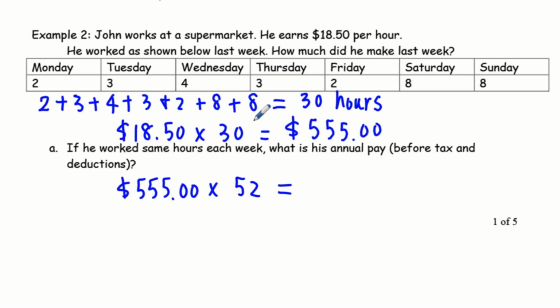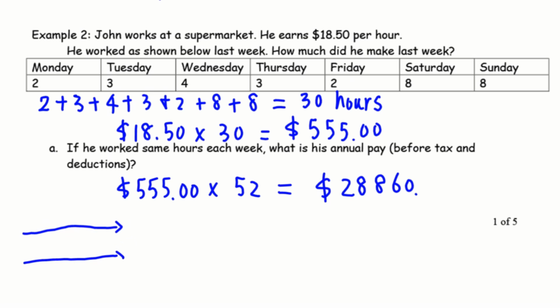Then we are going to do the calculation and find out what's the total earning. And we found out in 1 year is $28,860. So this one, if we compare it with ratios we did before this lesson, then this is 1 week. So this is number of weeks.